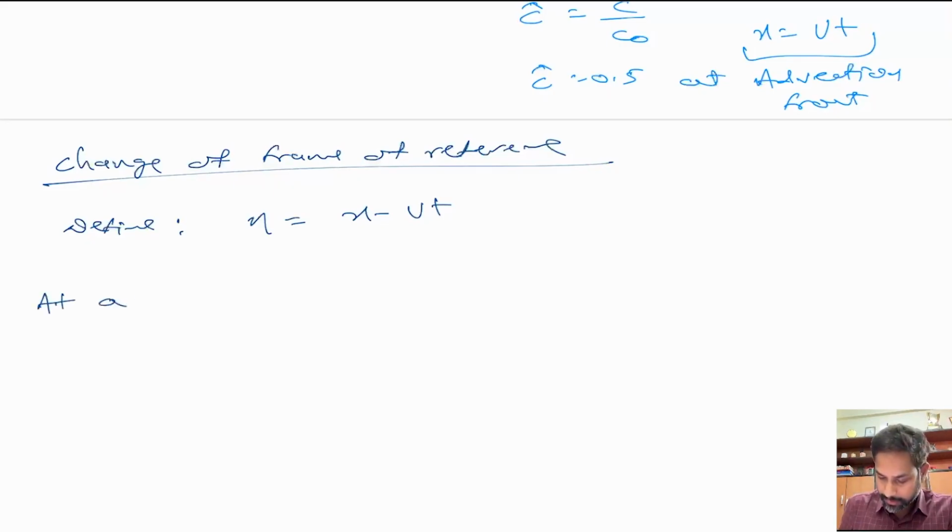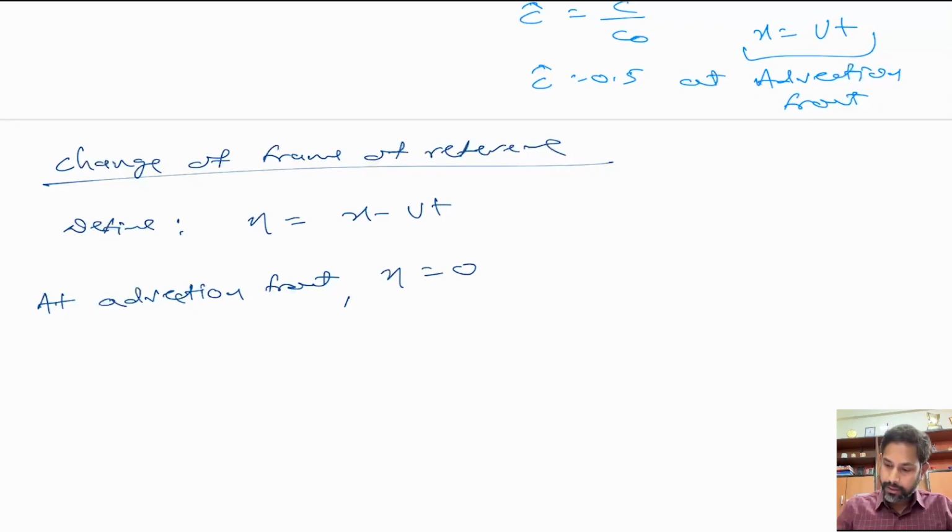At the advection front eta is 0, and to the left eta is negative, to the right eta is positive. Okay, and for this we try to find the concentration profile.